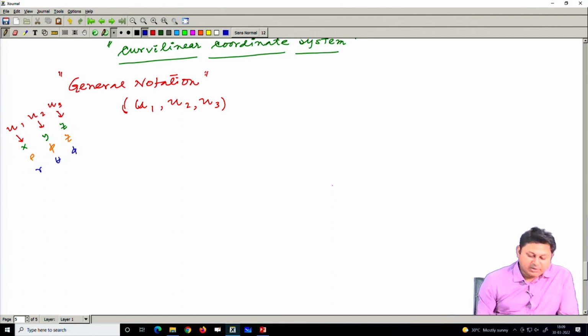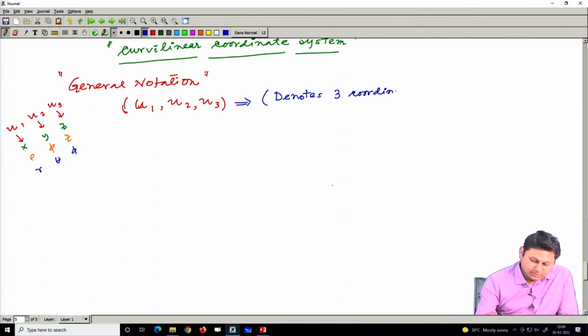In general, it is u1, u2, u3, denoting the three coordinates.